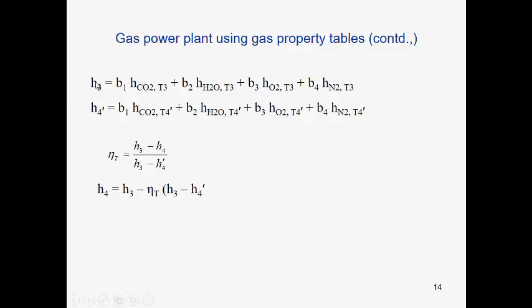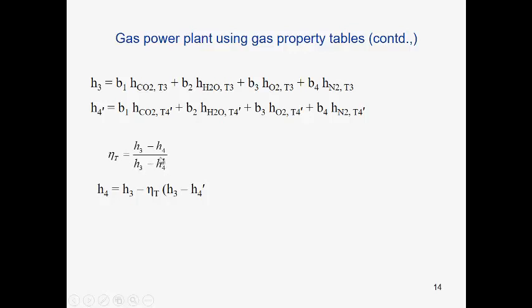As usual, the enthalpies of gas before expansion and after expansion are determined from the properties obtained from tables. Here H3 is the enthalpy before expansion, H4 is the enthalpy after the actual adiabatic process, and H4 dash is the enthalpy of gas after isentropic expansion.